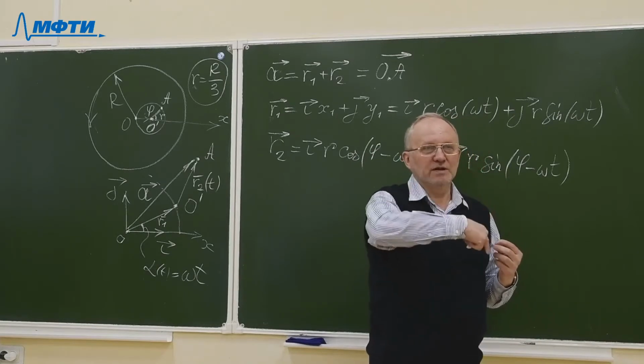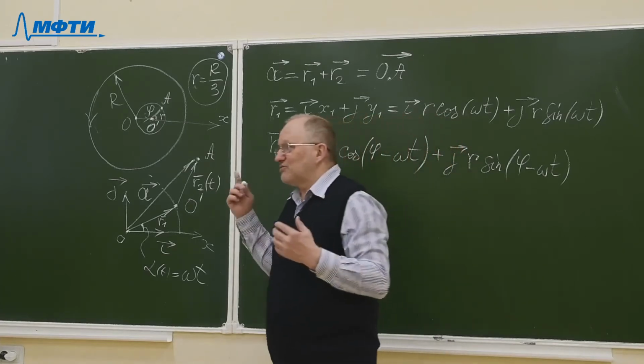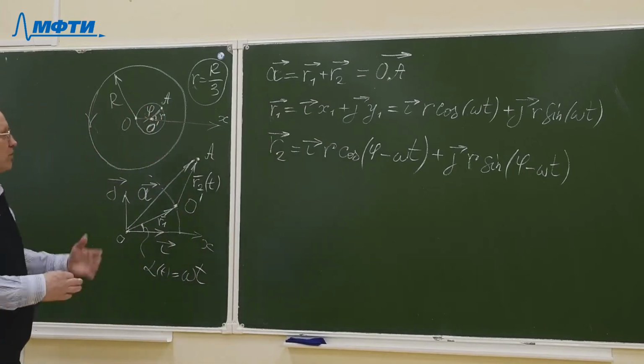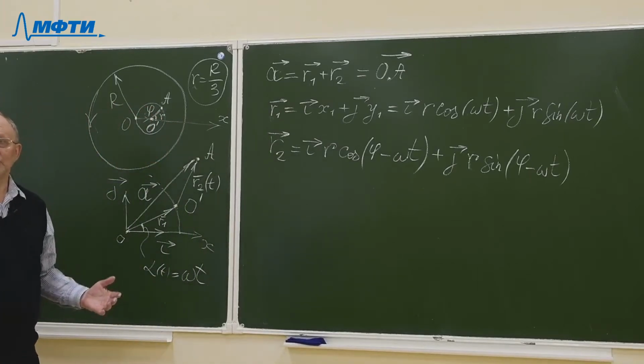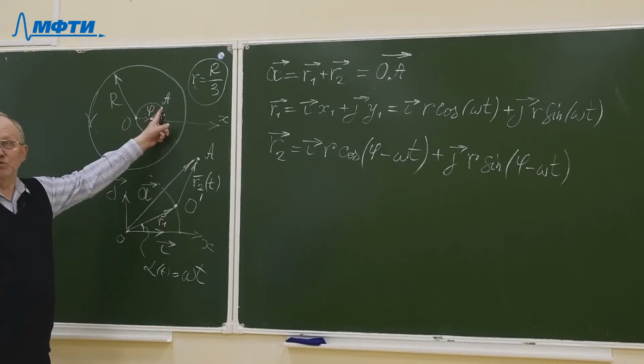But the curve will be the same, the trajectory will be the same. So time reversal is possible here. It will not influence the final answer, the final curve along which point A moves.